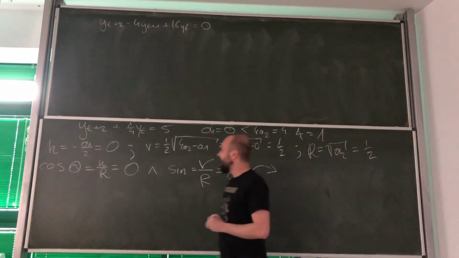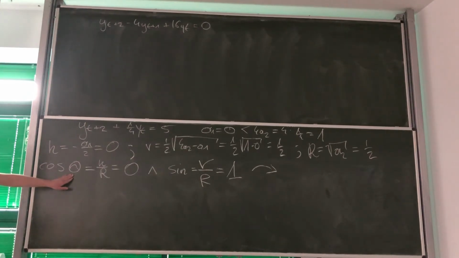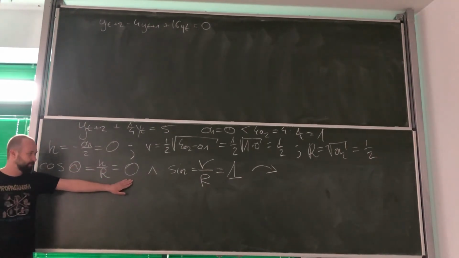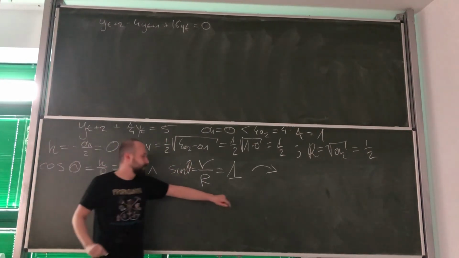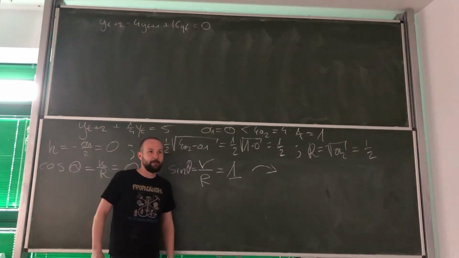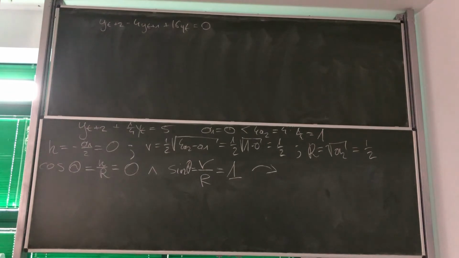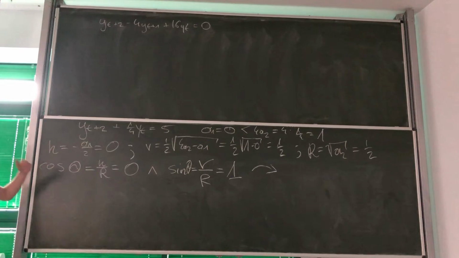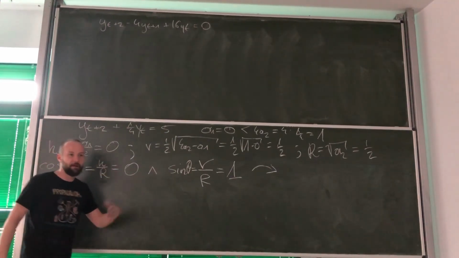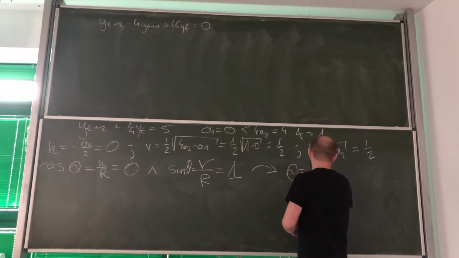So, now, our question is, for what value of theta cosine is equal to 0, and for what value of theta sine is equal to 1? Well, we know that sine takes 1 at pi over 2, and cosine takes 0 at pi over 2. So both of these conditions are met, right? So we can conclude that theta must be pi over 2.